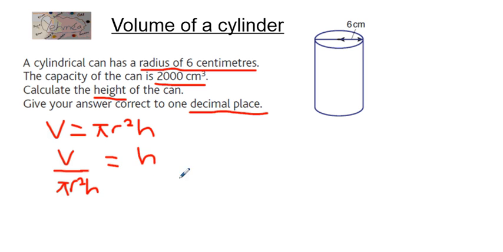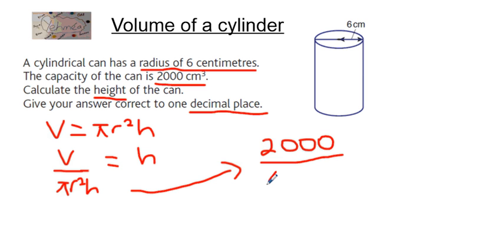Okay. So now we can substitute. So we know that our volume is 2000. And we're using pi. We're using pi straight away this time.